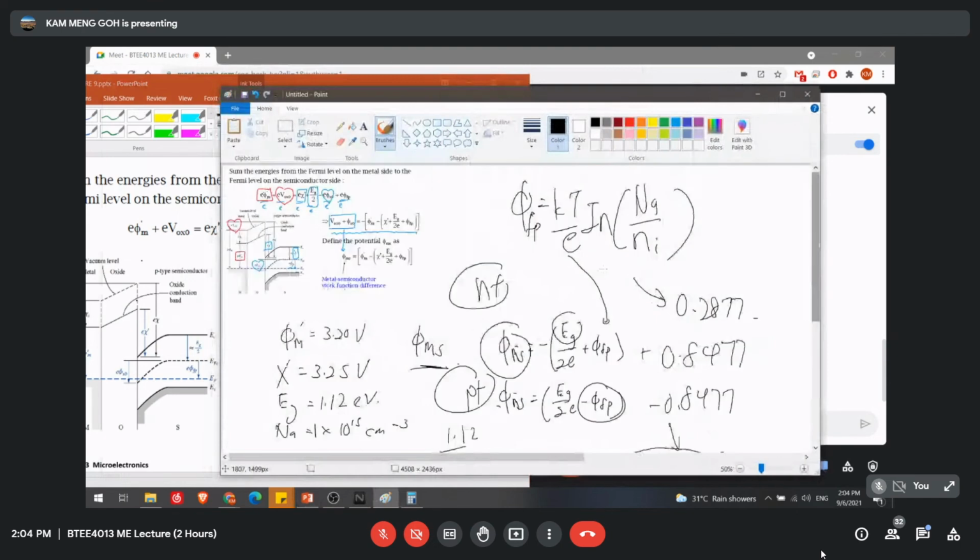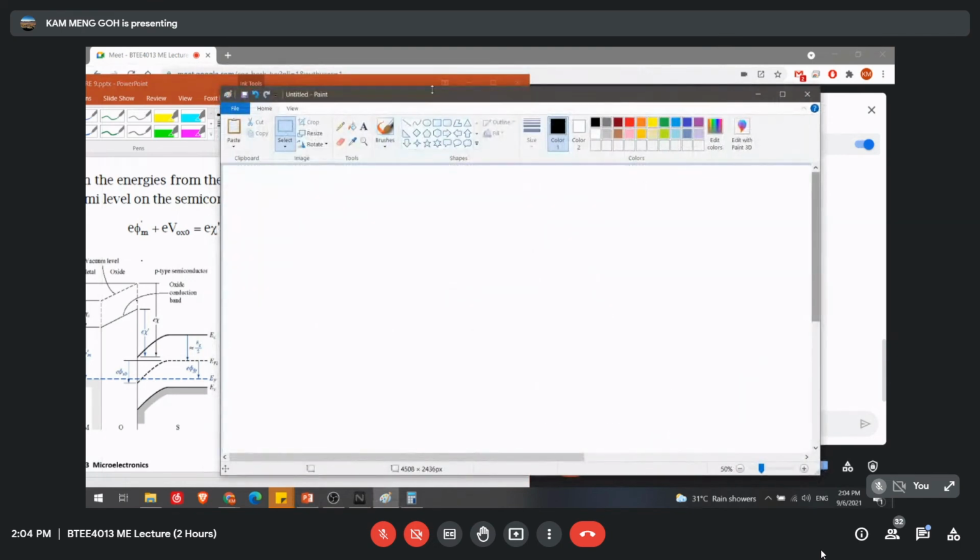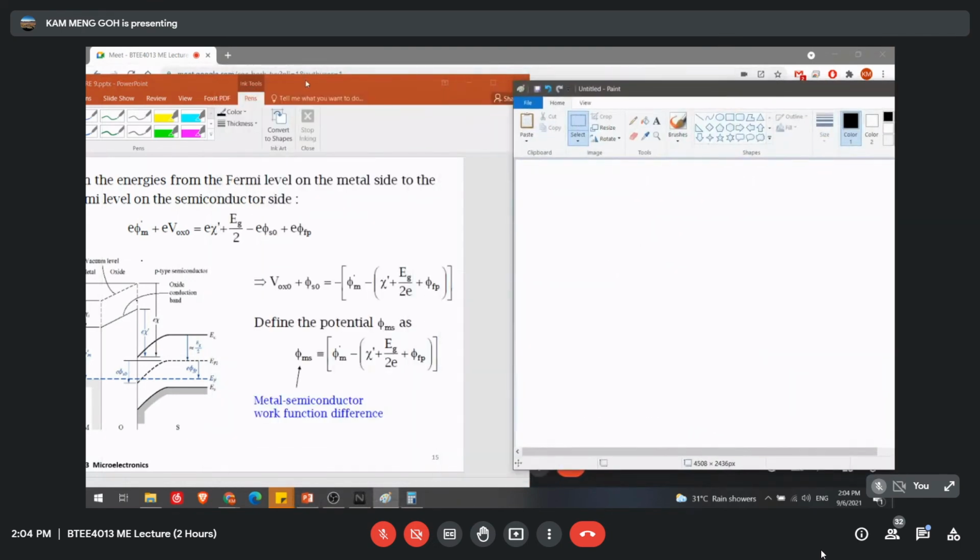Okay, let me remove everything here. Originally this formula looks something like this: Ms will be equal to minus plus Eg over 2E plus delta Fp.